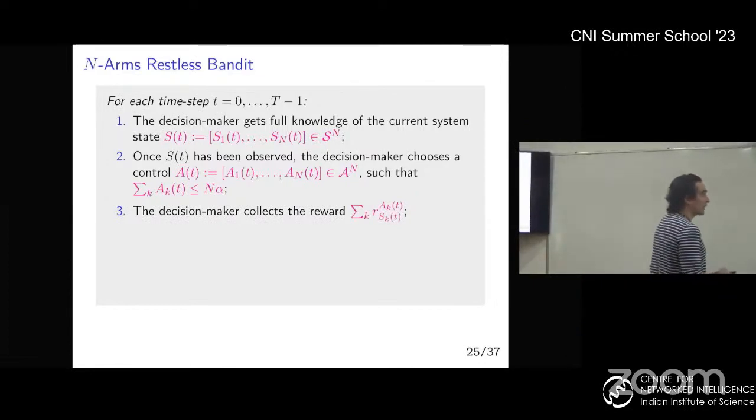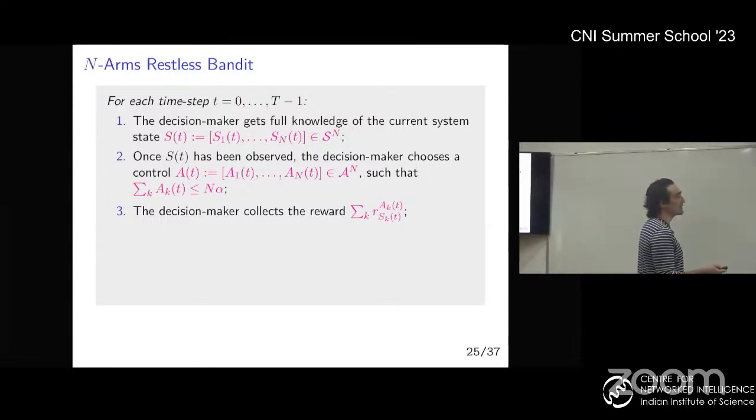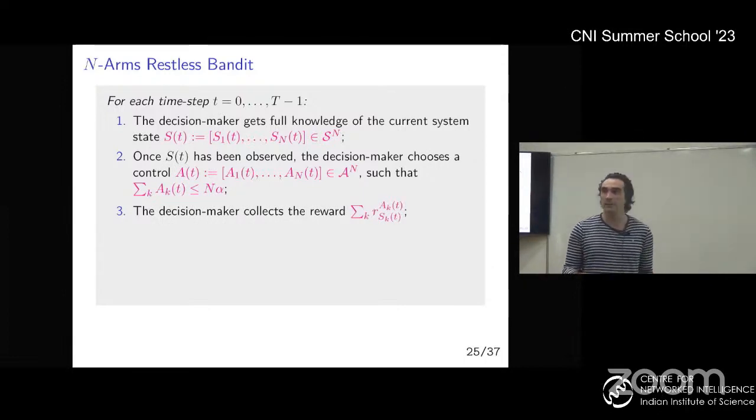Once the decision maker has done his action, right, has selected which arm is passive, which arm is active, it's first collecting the reward generated by every action, and note that the shape of the reward is just the summation of the rewards. This is also something that we'll be able to relax tomorrow, and we'll see that actually, as long as you take convex reward, you are in good shape.